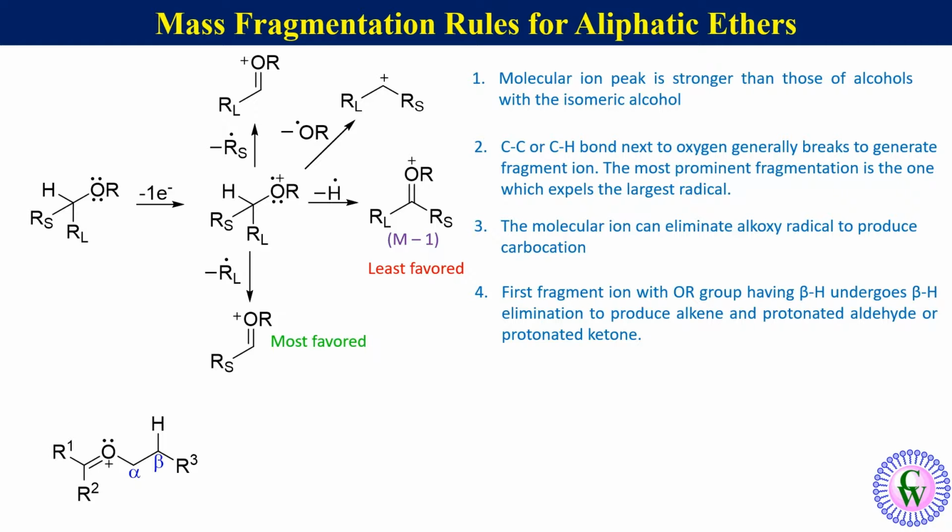Let's have this hypothetical first fragment ion with beta hydrogen. The carbonyl group leaves at the same time. There is elimination of beta hydrogen and protonation of eliminated carbonyl compound to produce alkene and protonated aldehyde or protonated ketone.